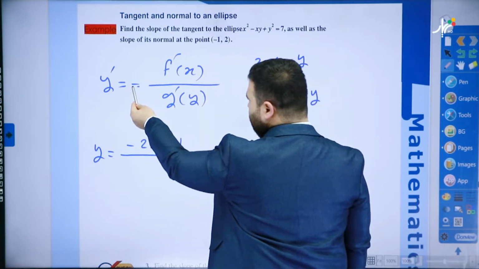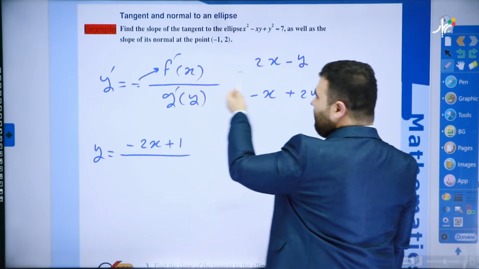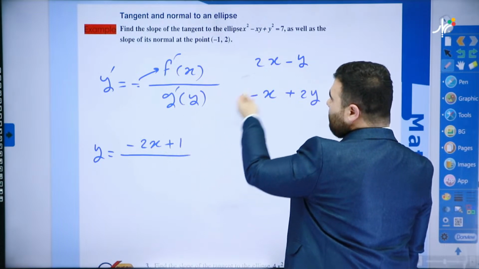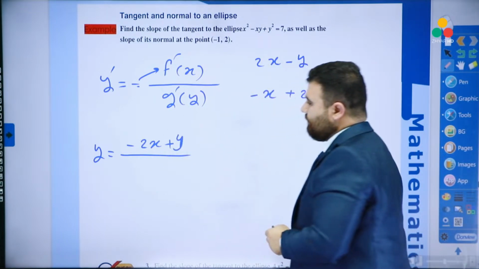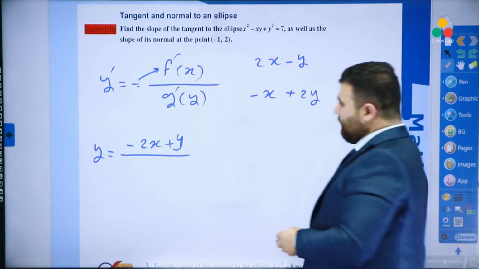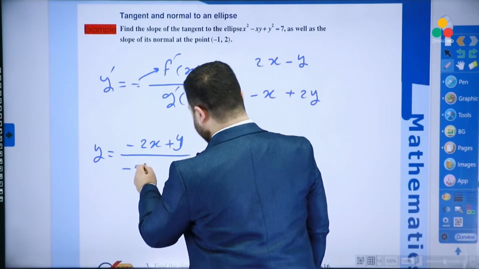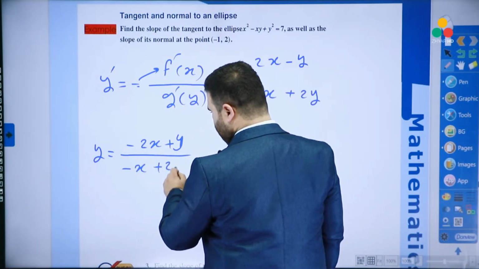This negative goes to the top, so 2x will be negative 2x, and minus y will be plus y. Down, no change, negative x plus 2y.